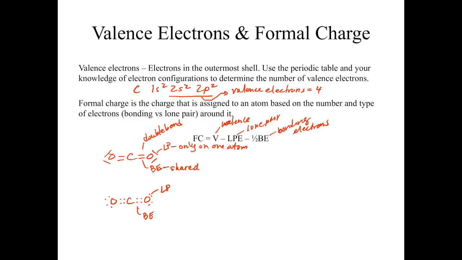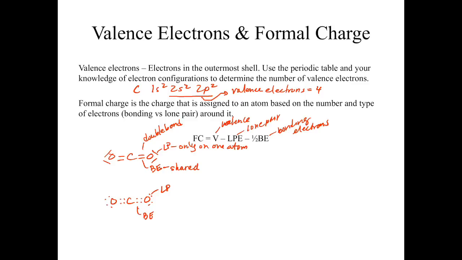So if we have a zero formal charge, meaning that the element is happy, the sum of the lone pair electrons and 1/2 of the bonding electrons will add up to the number of valence electrons. So it's basically just a calculation, and you have to recognize how to count each one.